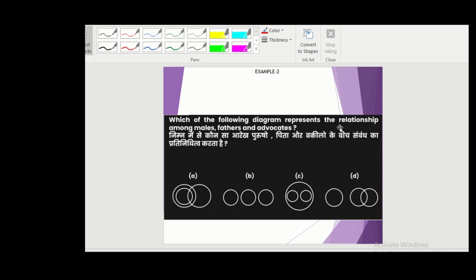Which of the following diagrams represents the relationship among males, fathers, and advocates? Which diagram is right, or which diagram represents this theory? The answer will be A. Now the question is why A? Suppose this part represents advocates, and males are represented by this part.